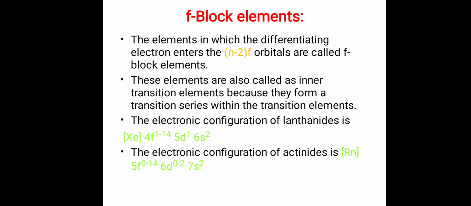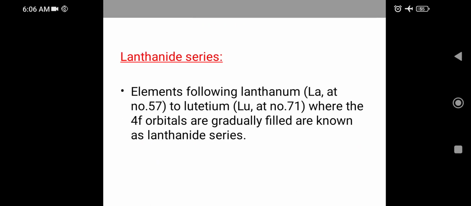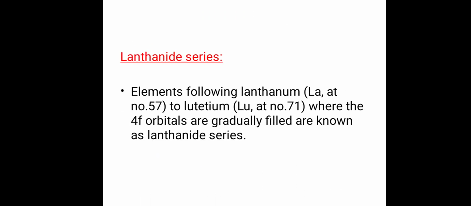Then finally, f block elements. The elements in which the differentiating electron enters the f orbitals are called f block elements. These elements are also called inner transition elements because they form a transition series within the transition elements. It contains two series.